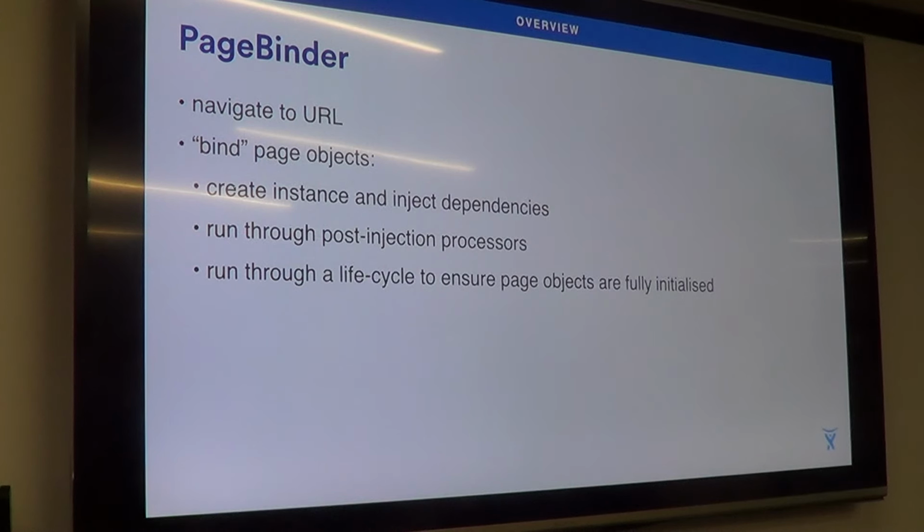I don't think we'll have time to go into details about it. But for example, if you've seen element by in your page objects, that's how you can inject page elements. There's a post-injection processor that takes your page object and processes those annotations to inject page elements into your page objects.